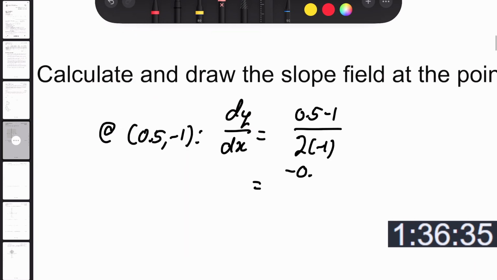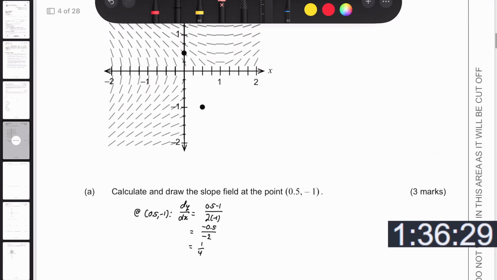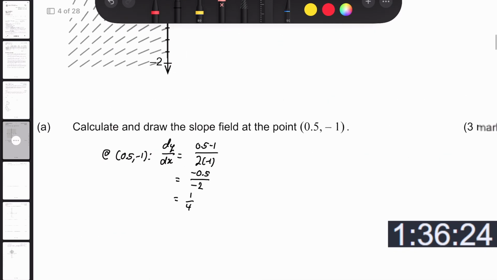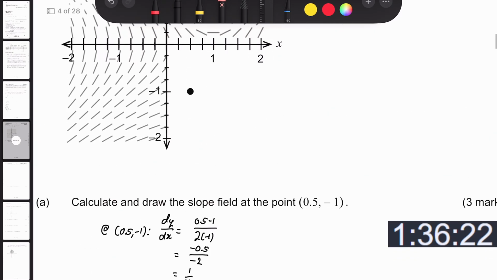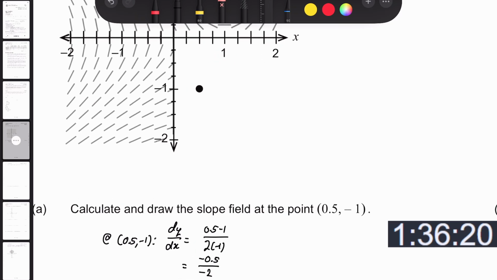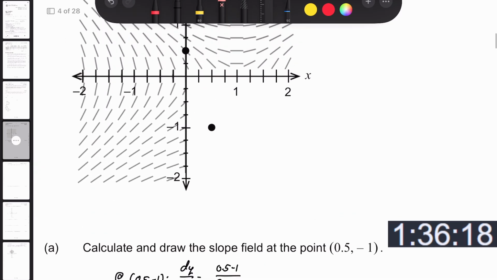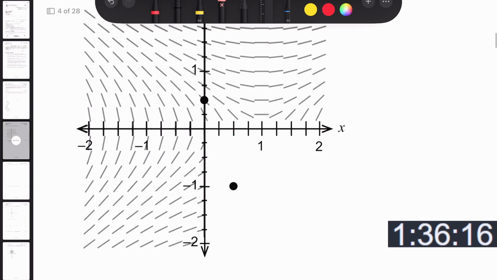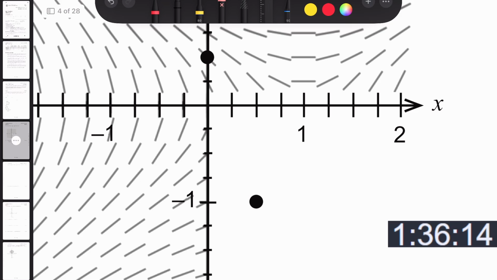This is going to be negative 0.5 on negative 2, or it'll be 1 on 4. So a gradient of 1 on 4. It just has to draw the slope field. So 1 on 4 will be something like this.